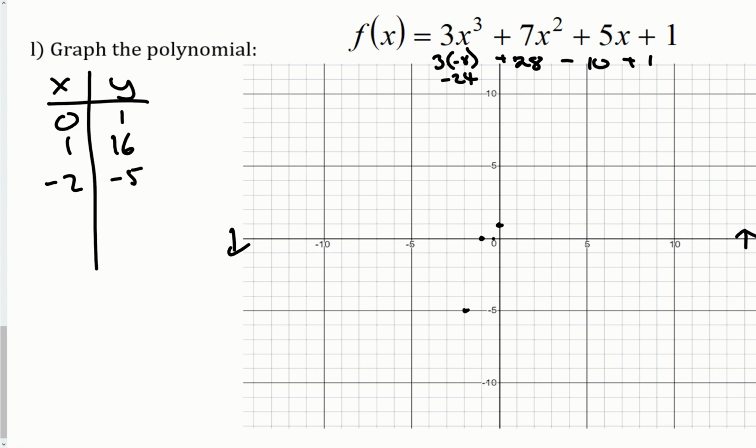Okay, I could plug in -2, or I could plug in -3, but I already know that it's going to be a rather small number way down off the bottom of this.